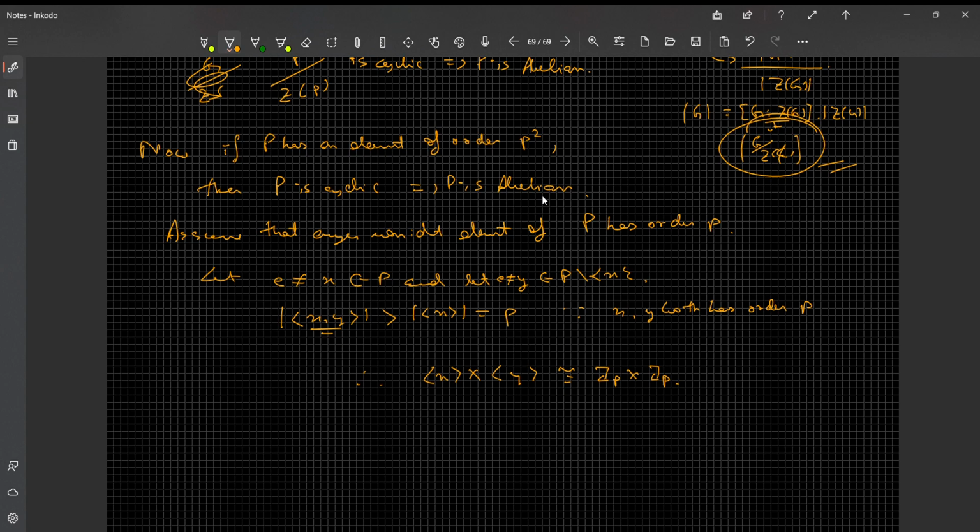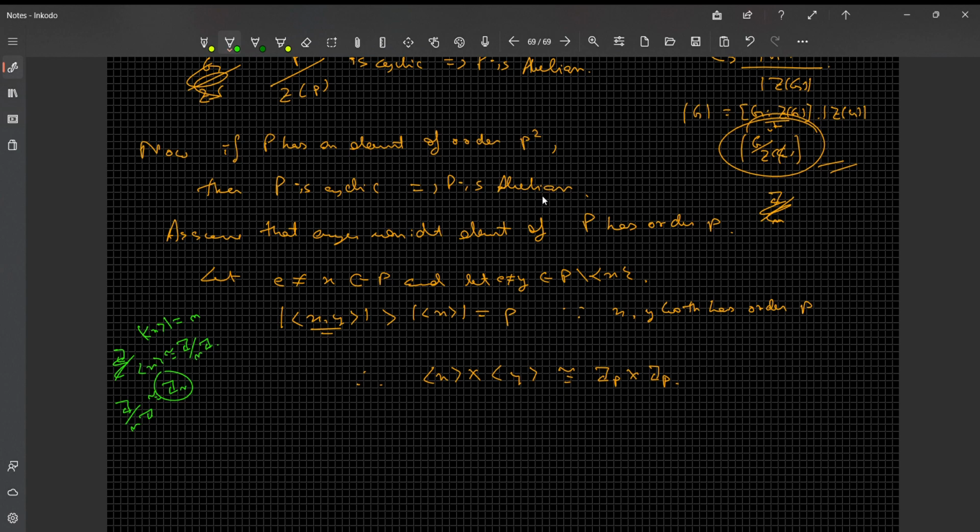Because we know that a cyclic group of order n is isomorphic to Z mod nZ. Let me just briefly write it down. We know that if you have a cyclic group, say generated by X, of order n, then this cyclic group is isomorphic to Z mod nZ, and Z mod nZ is isomorphic to Zn.